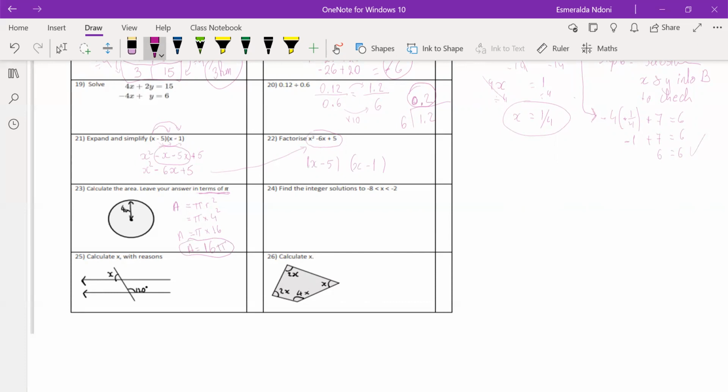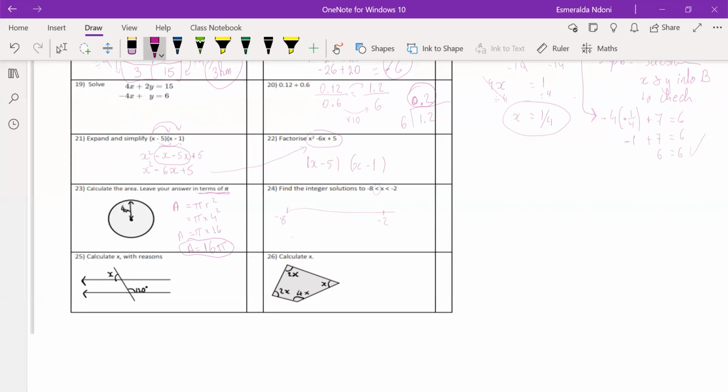Question 24. Find the integer solutions for this inequality. Okay, we know now how to do this. We have number line, we have a -8, and we have a -2. So all the numbers that are in between those two numbers need to go in our list. And then we check, do we have an equal sign here to include the 8?